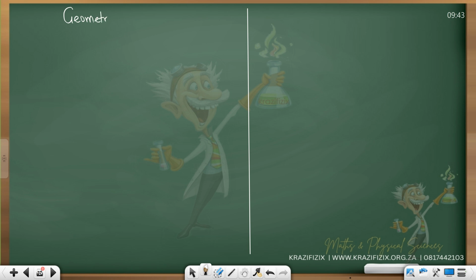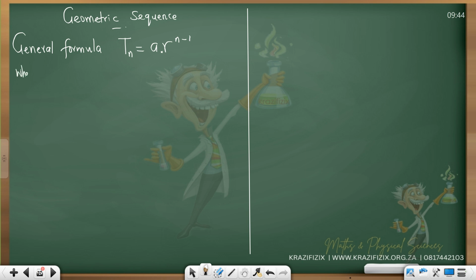Now, geometric sequence. What are the properties of a geometric sequence? Let's start from the general formula, and then we would use that to walk around. Tn is A multiplied by R to the power of n minus 1.